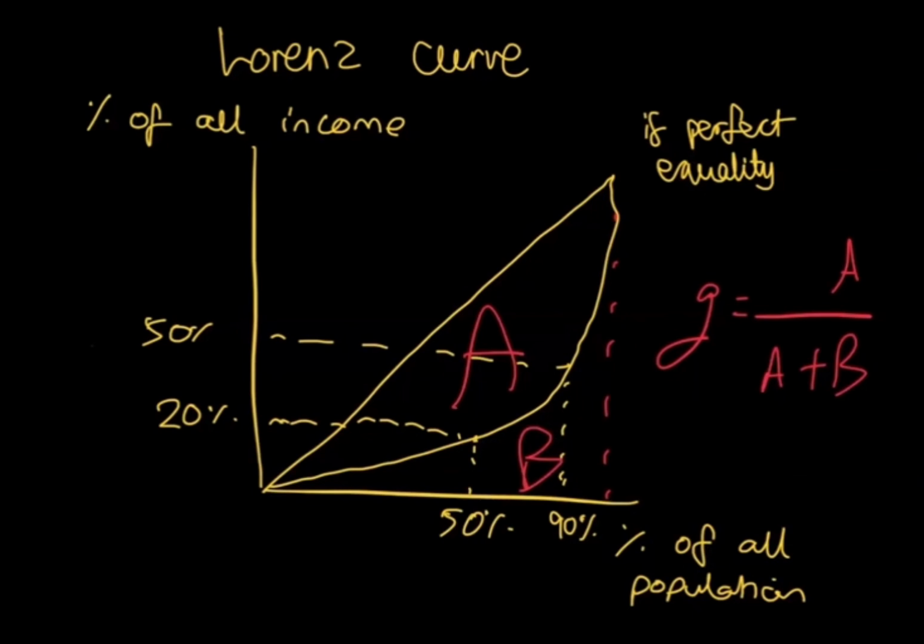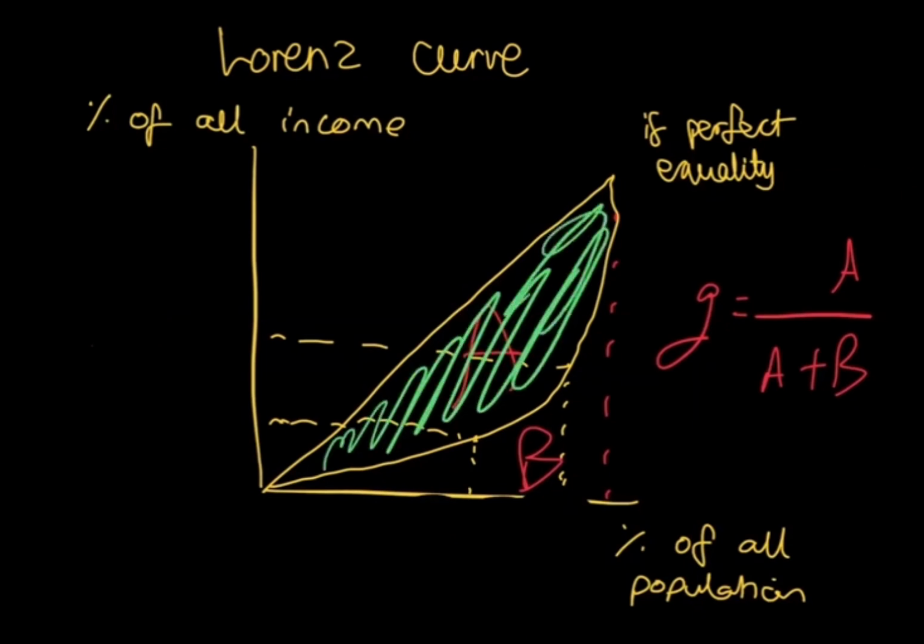Wait, so is A the 90% and then B would be 10? Oh, it doesn't work like that. Sorry. The numbers are not meant to be there anymore. It's the area, the whole area. So A is the area of this, which you'll never have to do. They'll tell you it. And then B is all of this area.